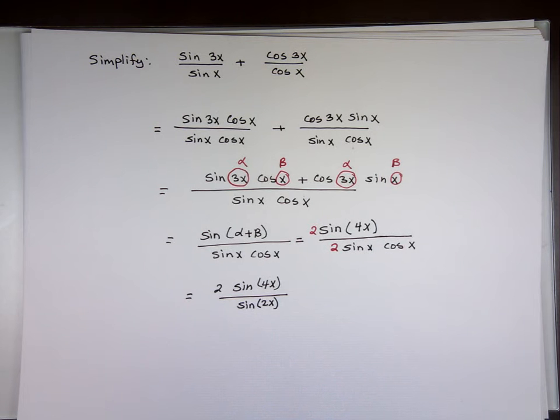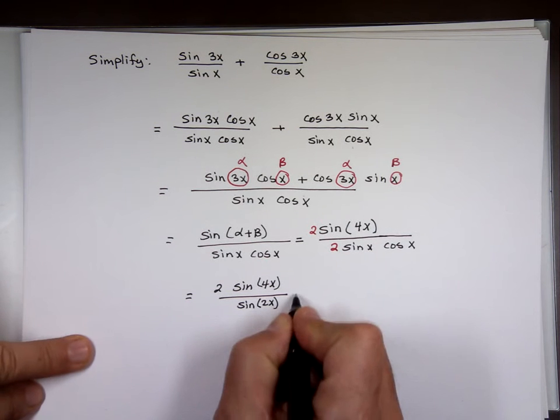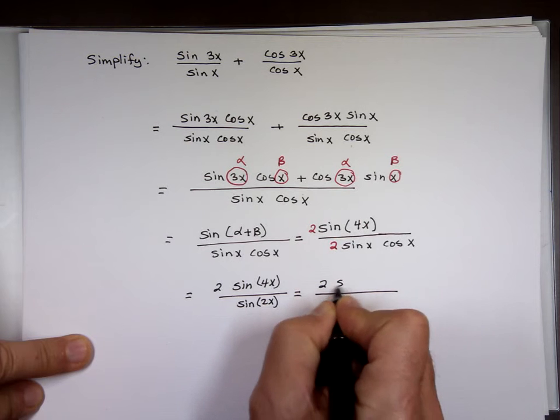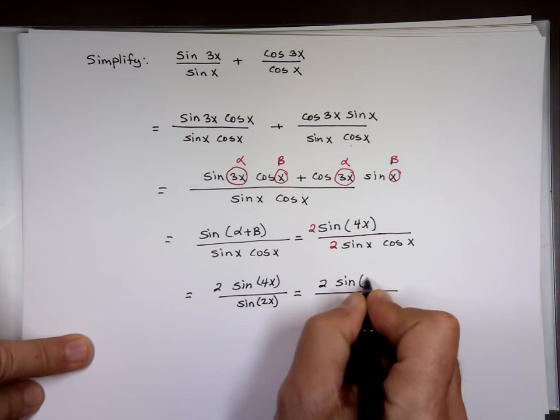I'm not done simplifying. Can do what? Yes, I like that answer. Good job. He said, how about take sine 4x and make it 2 times 2x.